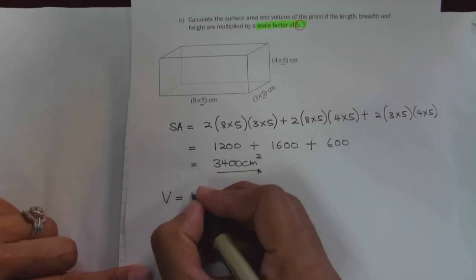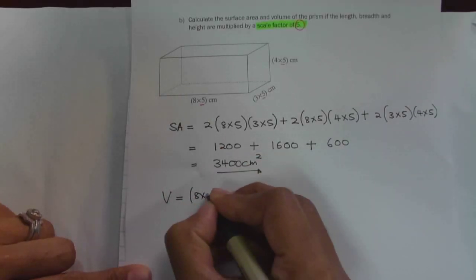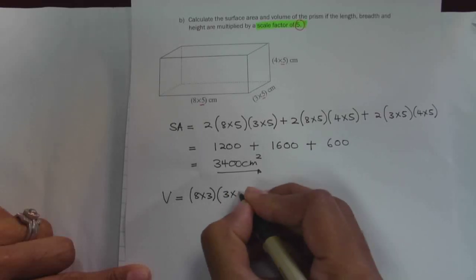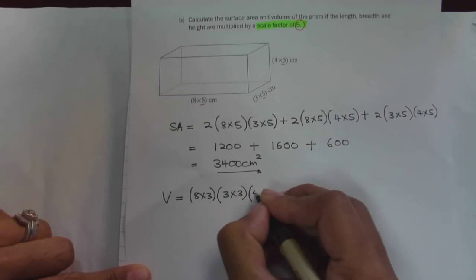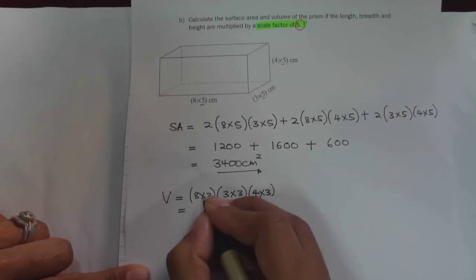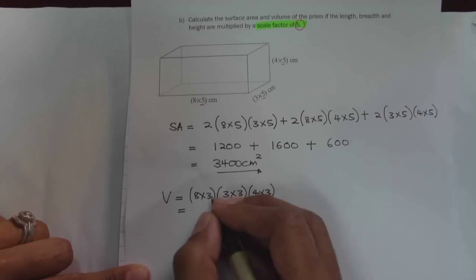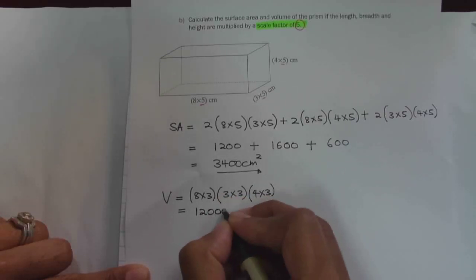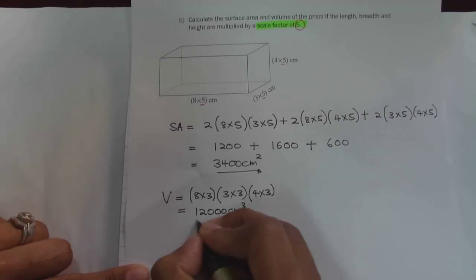So it was 8 times 3, 3 times 3, 4 times 3. And that gave you 24 times 9 times 12, 12,000 cubic centimeters.